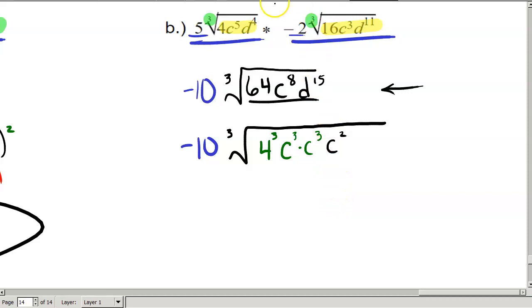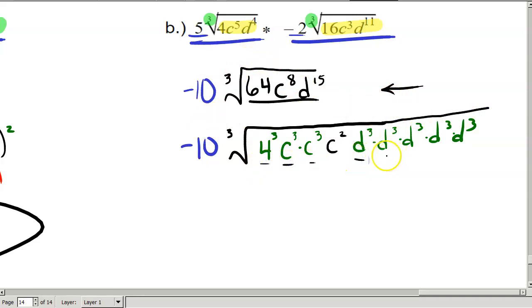Then I look at the d to the 15th. How many d cubes do I have there? Well, 15 divided by 3 is 5. So I'm going to have d to the 5th come out, but let me be consistent here, and I'm going to have 5 d cubes. Okay. So what happens? Everything here is going to come out. So I have a -10, and this will be times a 4 comes out. I have 2 c's that come out, so that's going to be c squared.